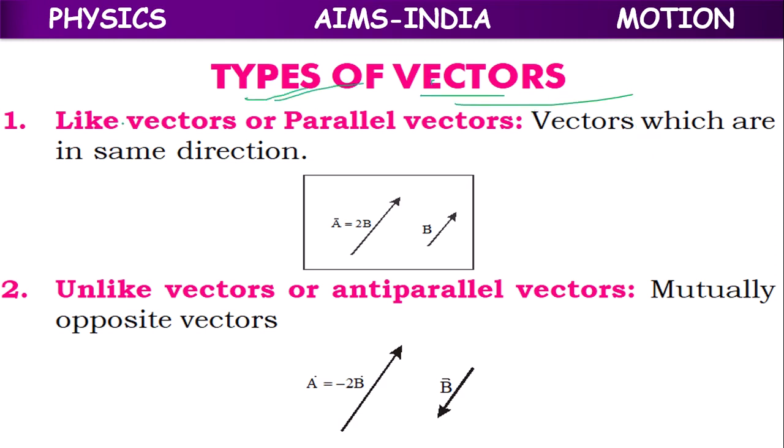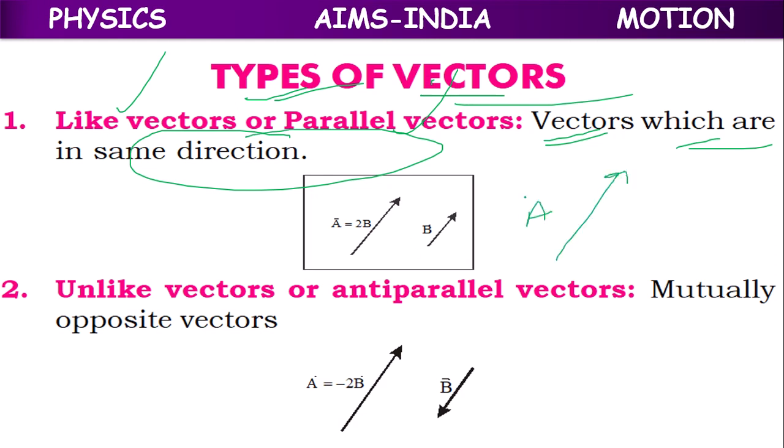The first type is like vectors or parallel vectors. These are vectors in the same direction. This A vector is going in the upward direction, and the B vector is also going upward, but A vector equals 2 times B vector.